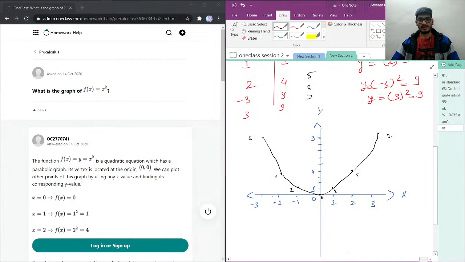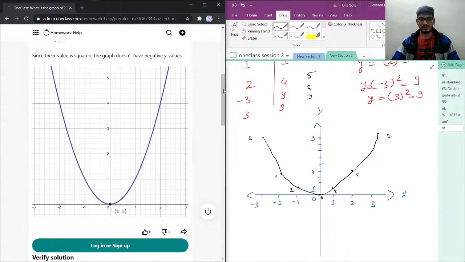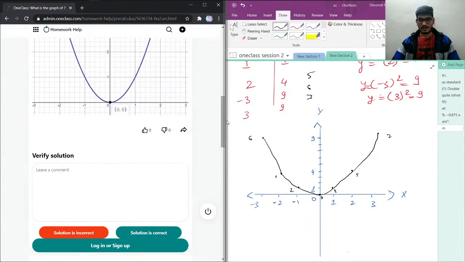So my drawing is not that good. This curve is not looking like an actual parabola, but actually it is the equation of a parabola, and this curve is going to look something like this when we draw it in a proper grid system, not like mine, which I have drawn not properly. And the vertex of this parabola is at 0 comma 0.